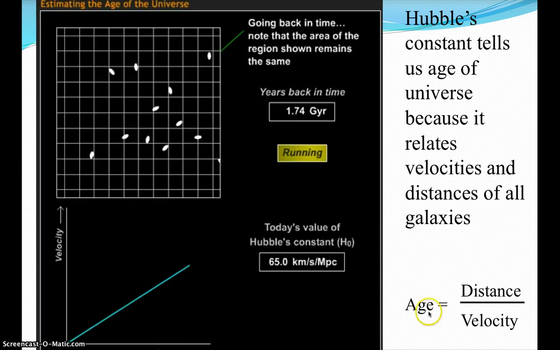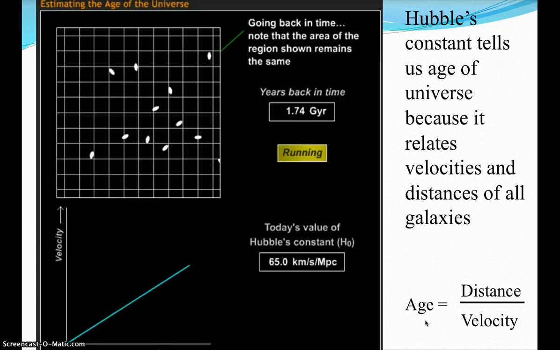That age of when they would all be coming together could be found by taking the distance over the velocity, which means it's 1 over the Hubble constant. So the Hubble constant became important not just for saying what's the slope of Hubble's law, but it also said, we say that 1 over the Hubble constant is a way for us to say how old is the universe, because if everything's expanding and moving away from each other, let's turn that back in time and figure out when everything would have all come together and been at the same point.